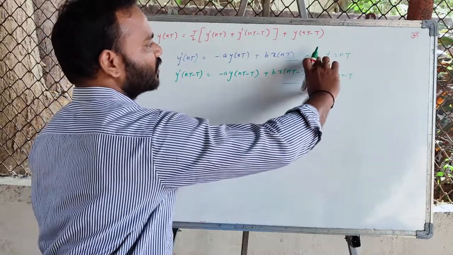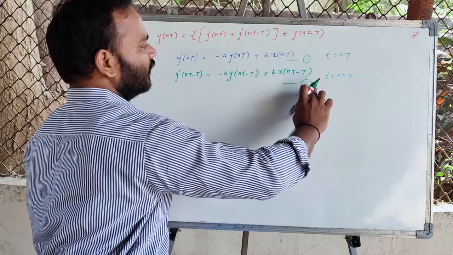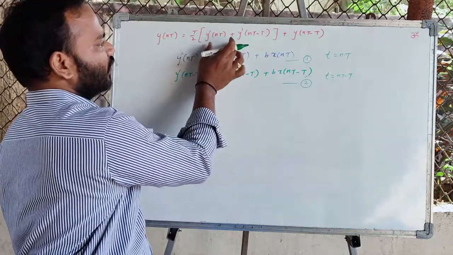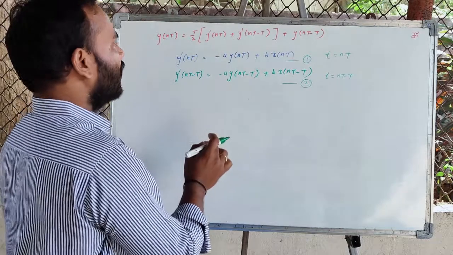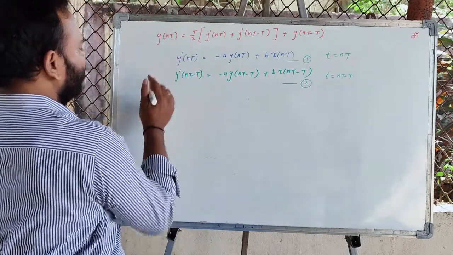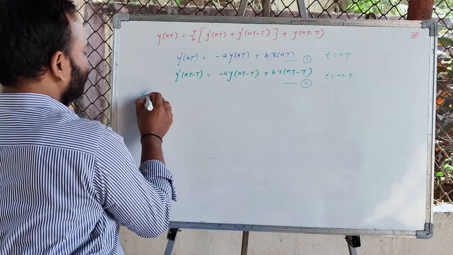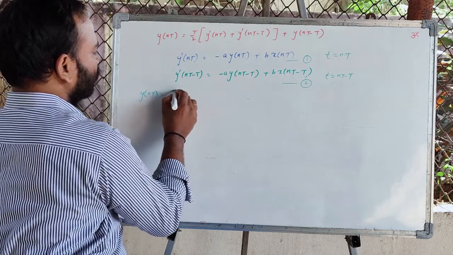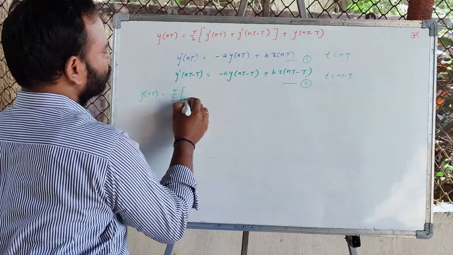Now we will substitute equation 1 and equation 2 into their respective places and we try to find the value of y of nT. So y of nT is equal to T by 2.